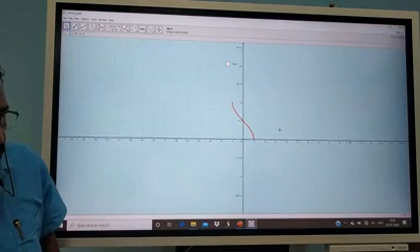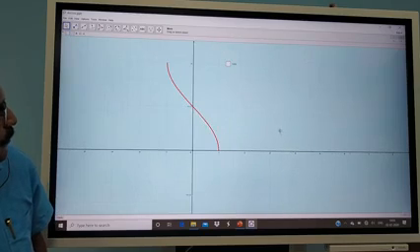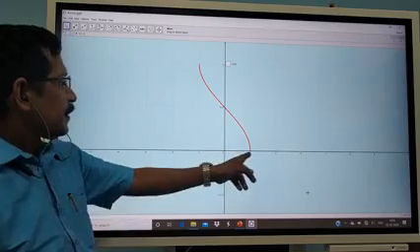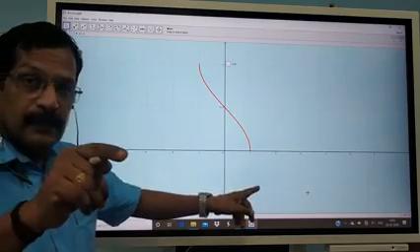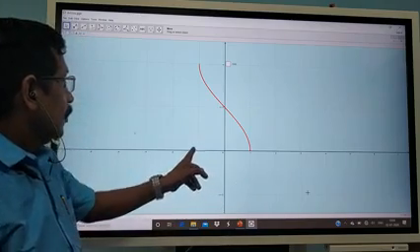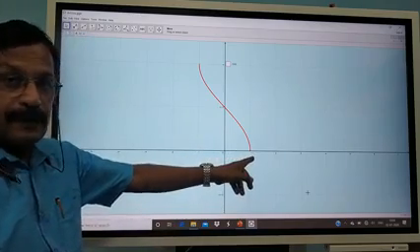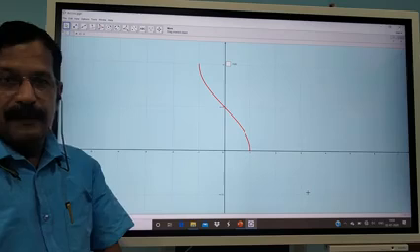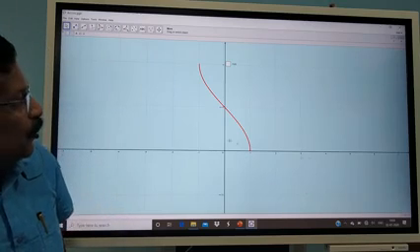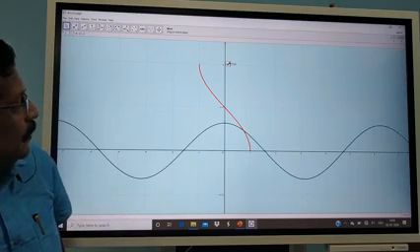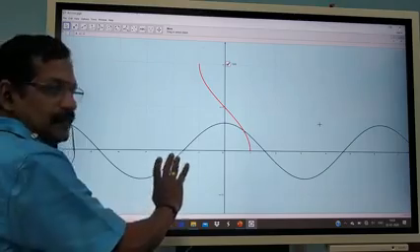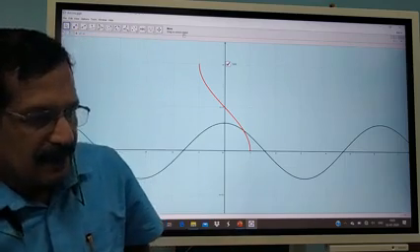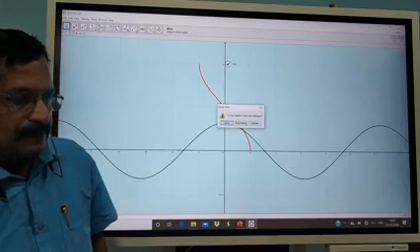You can see that this is the graph. Actually, the domain is minus 1 to plus 1 in the case of cos inverse, and the range is 0 to pi. Now, what will be the graph of cos? I am drawing the graph of cos also here. This is the graph of cos, and this is the graph of cos inverse.